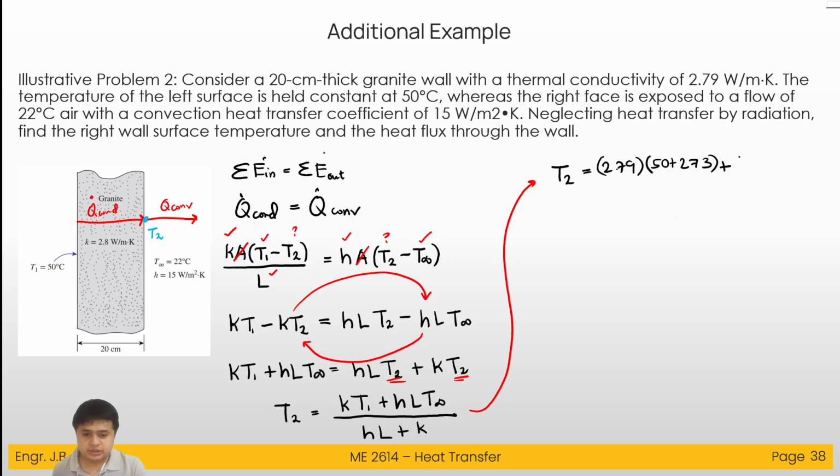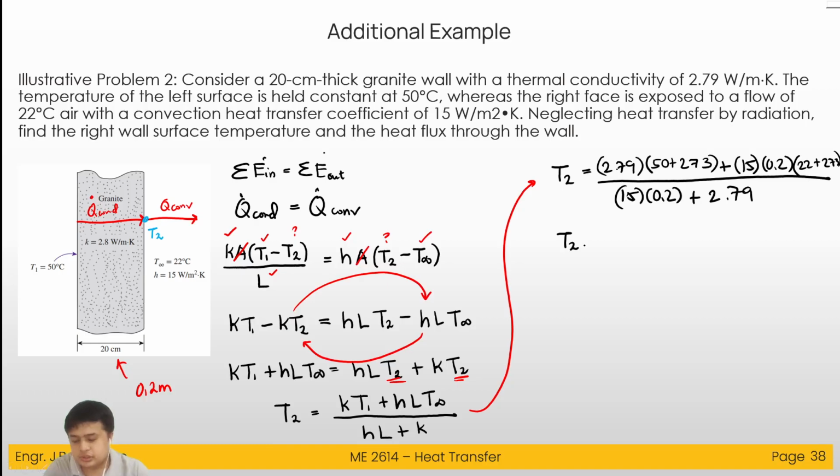And then plus h, so h is 15, L is 20 centimeter. This is also 0.2 meter. And then you have T infinity. So T infinity is 22, so 22 plus 273. And then all over hL plus k. So h again is 15, and 0.2 for L, plus k, 2.79.